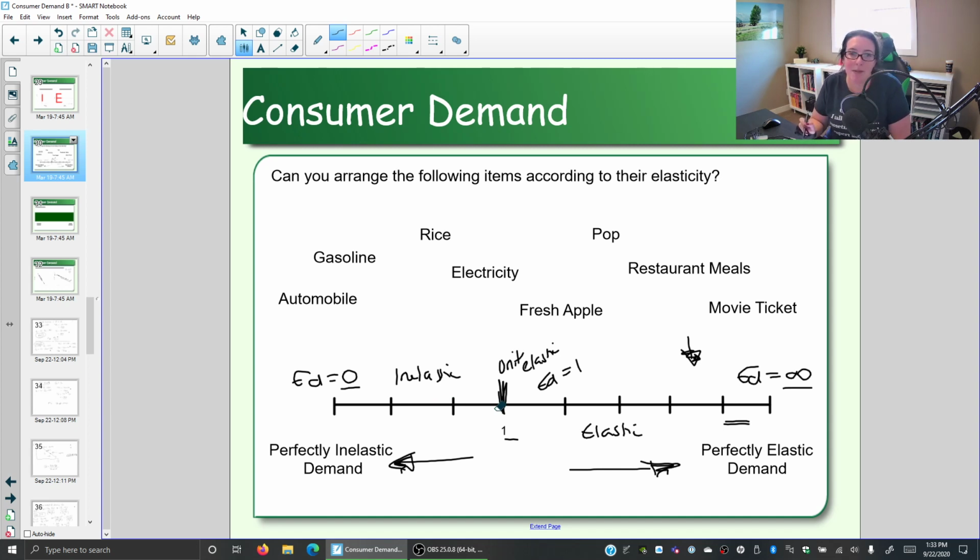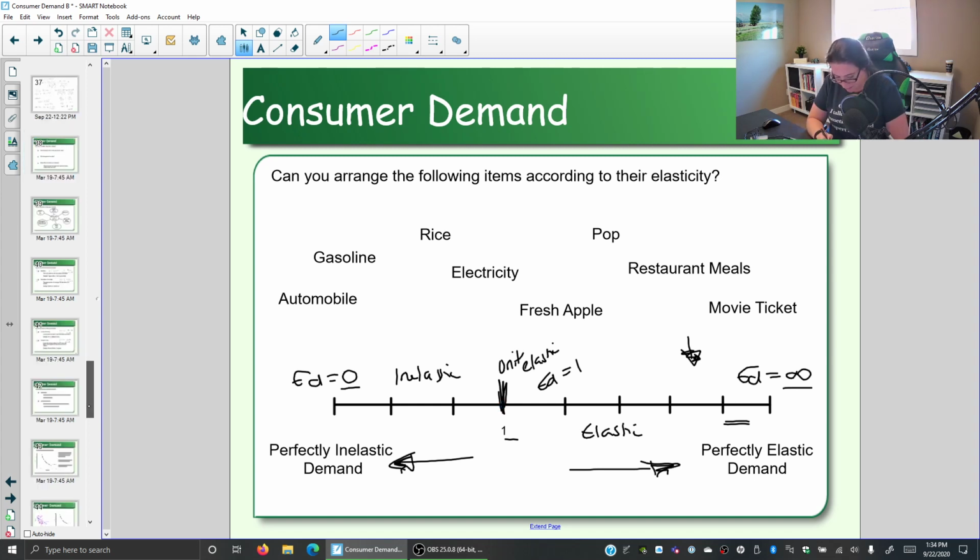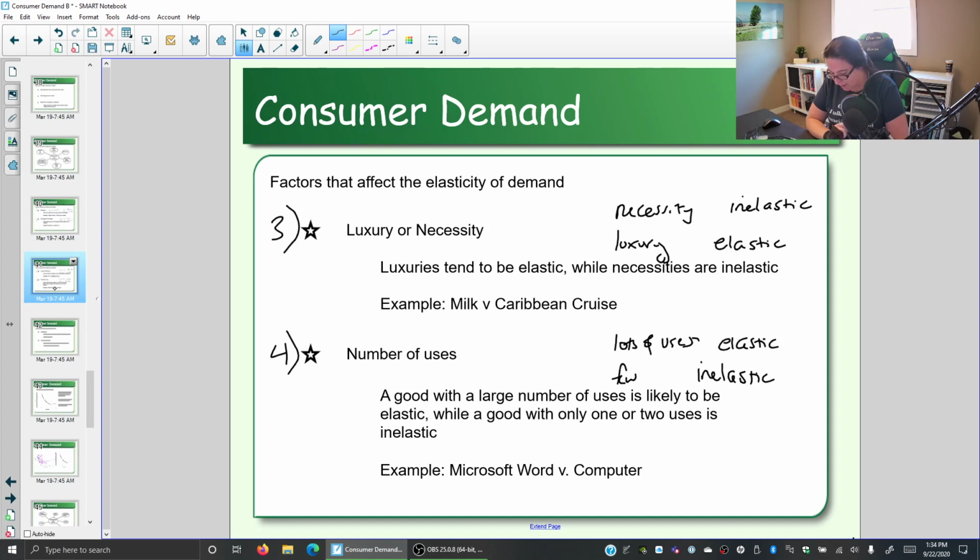And so what happens is Microsoft Office has to then lower its price to be more competitive because it understands now that a higher price doesn't mean the same number of people are still going to be willing to buy. You are now more sensitive to the price because you can find alternatives.